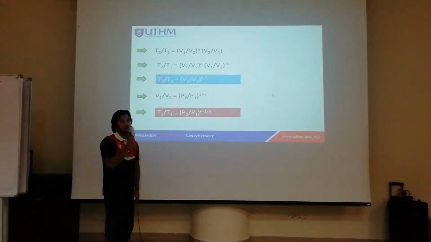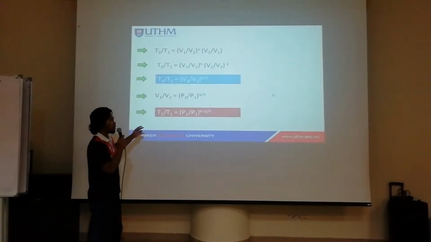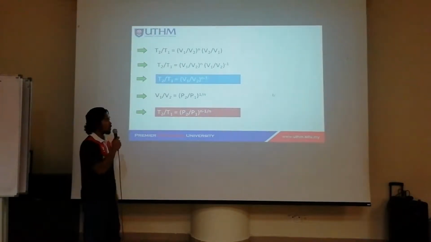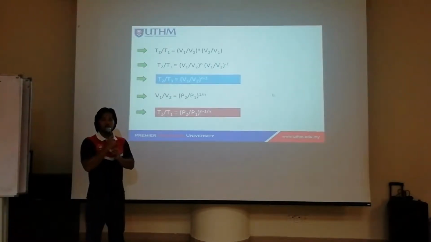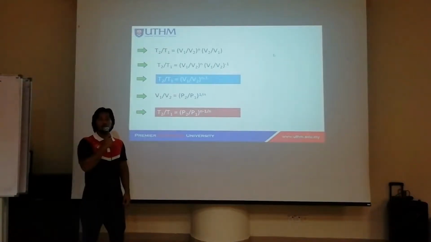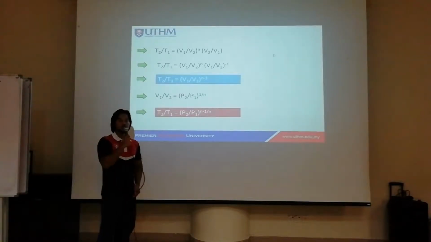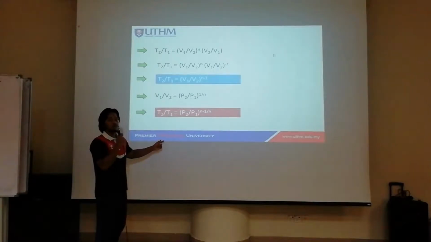What we can conclude from all the equations that we derived here is that, for the ideal gas in a polytropic process, we can find the temperature, the pressure of the gas, and also the volume of the gas, using these equations.